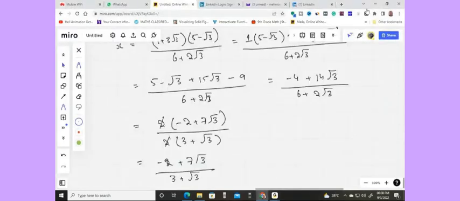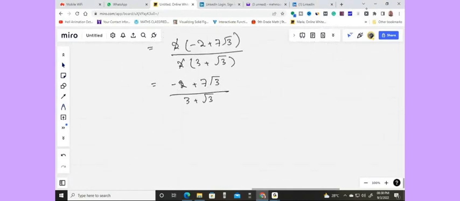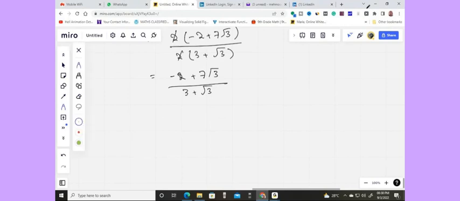We have to get rid of this, so we are going to rationalize this result. I'm going to divide and multiply by 3 minus root 3 here.